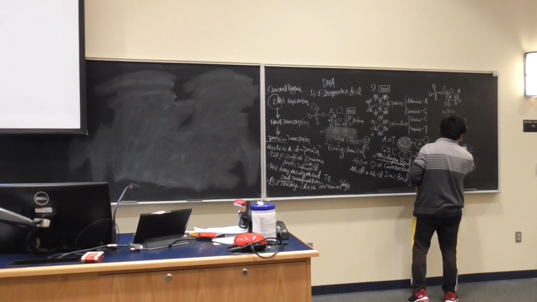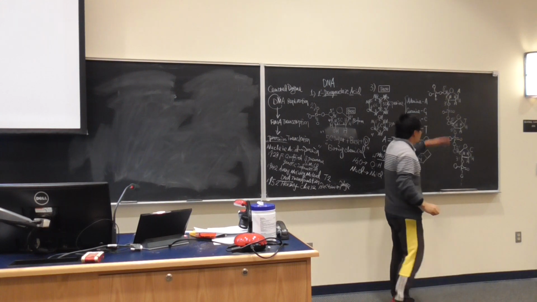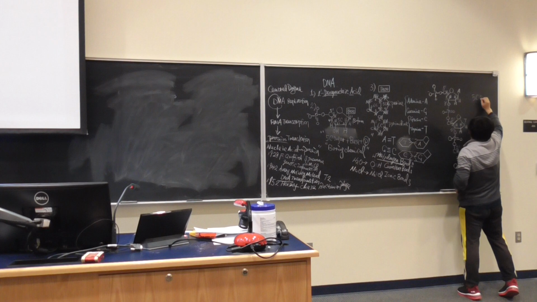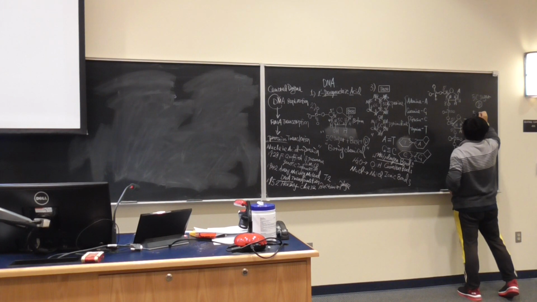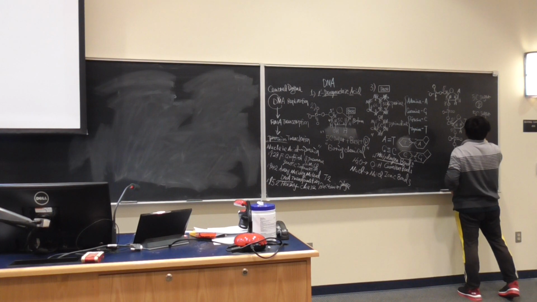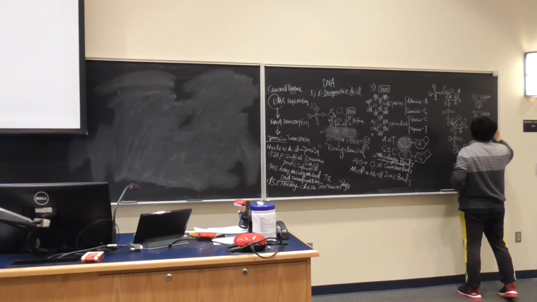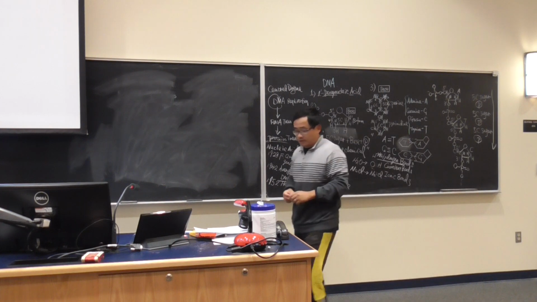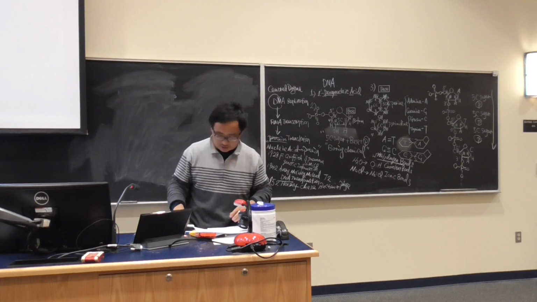We go 5 prime, 3 prime. So their connection is always 5 carbon sugar, phosphate, 5 carbon sugar, phosphate, 5 carbon sugar, and phosphate. Always go in this order.